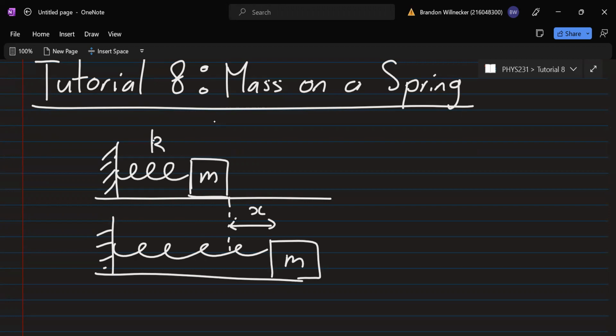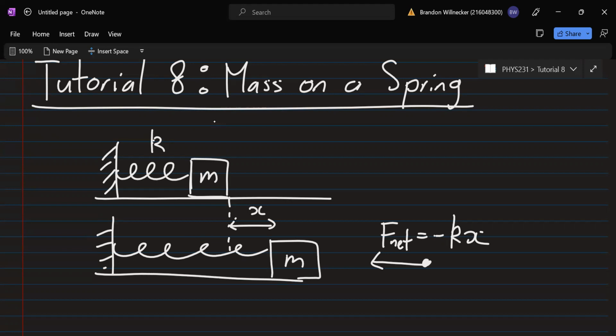Okay, so what is the net force on the system here? Well, we've got Hooke's law, and it says that the net force is given by F net is minus kx, where we have this minus sign because the net force is in the opposite direction from the displacement.